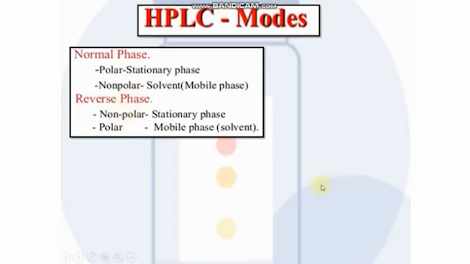In reverse phase HPLC, the stationary phase is non-polar and the mobile phase is polar.